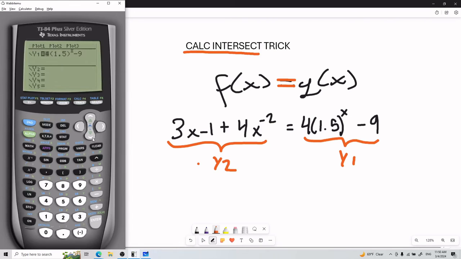So this is y1, y2 is going to be this, so 3x minus 1 plus 4x to the power of negative 2. If you go ahead and graph this, double check that you plugged in right. If you go ahead and graph this, see?